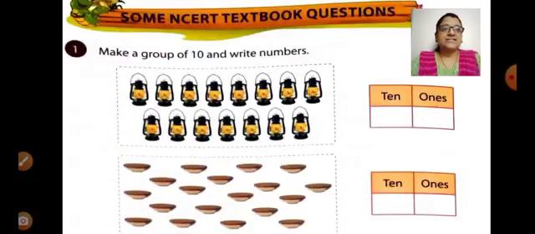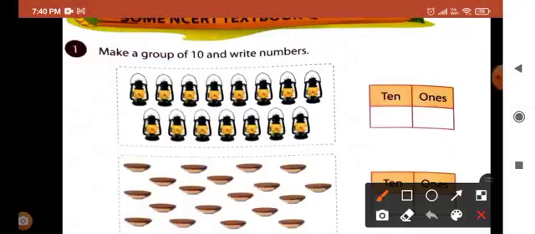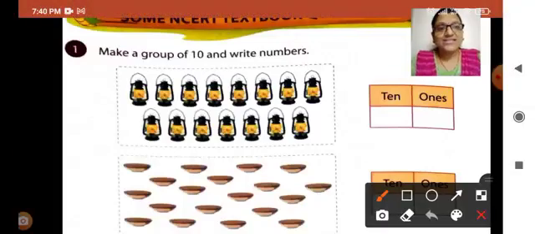Let us see this question. Some NCERT textbook questions. Question number 1. Make a group of 10 and write numbers. Children, here is a small activity. First, in the first box we see a few lanterns. Yes. So, a few lamps we see.